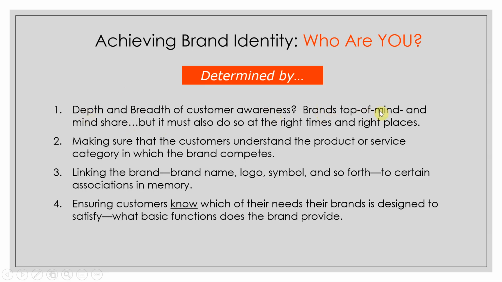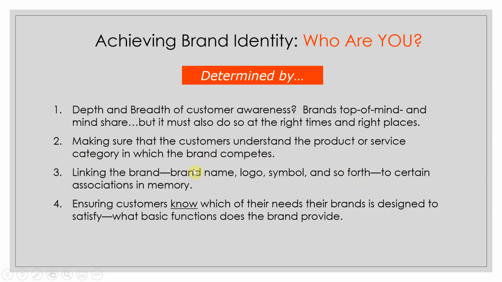So the brand's top of mind and mind share is the major concern in this step, but it must also do so at the right times and the right places. So you have to make sure that customers understand the product and service category in which the brand competes, right? Category identification. So in this stage also you link the brand with name, logo, symbol, and so forth.